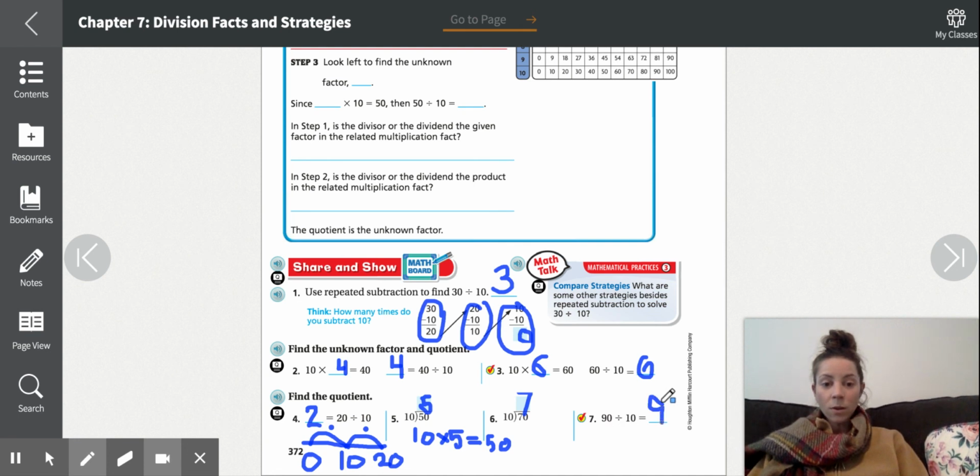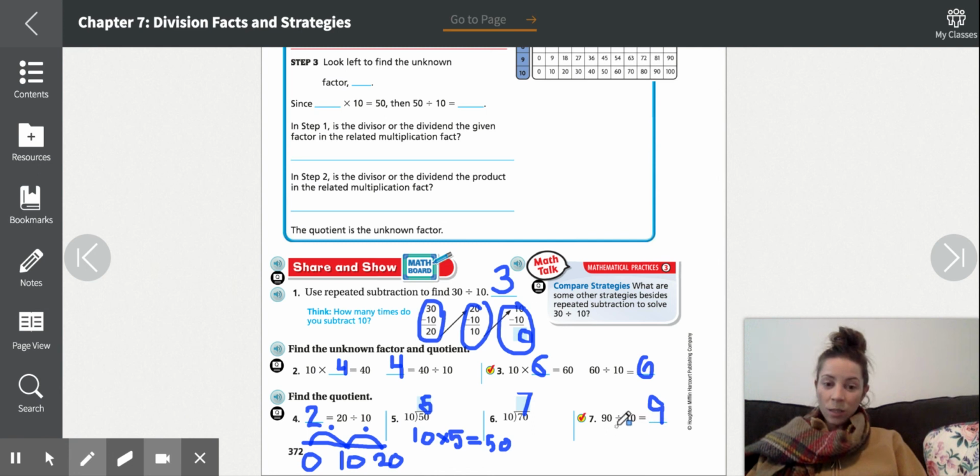Some of you might be noticing a pattern that you could use to go very fast. Let's go through all of these division by 10 and see if we notice the pattern. 20 divided by 10 is 2. 50 divided by 10 is 5. 70 divided by 10 is 7. 90 divided by 10 is 9.